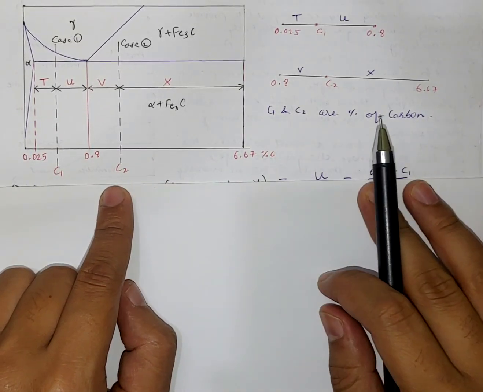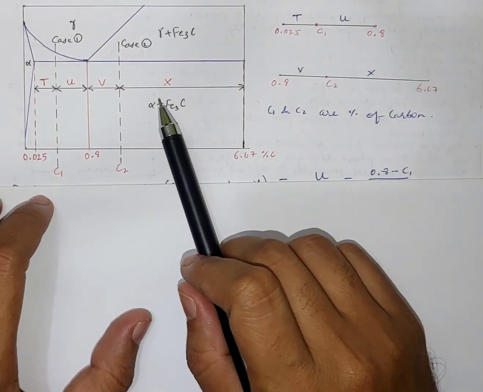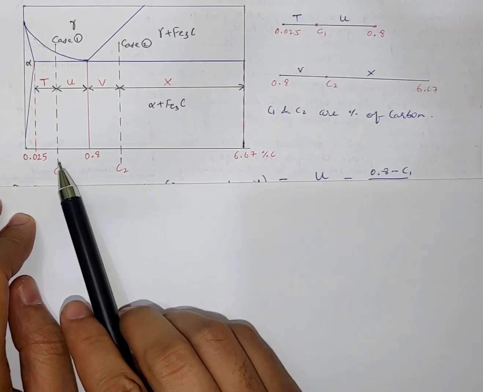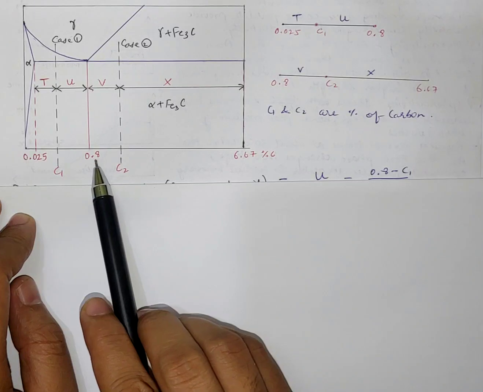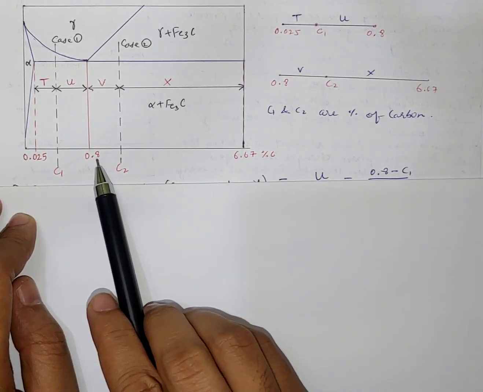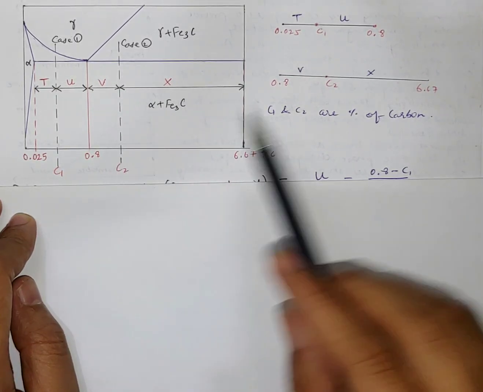Now the tie line we have to draw, it's a simple distance calculation. The T distance is between 0.025 and C1, the U distance is from C1 to 0.8, the V distance is from 0.8 to C2, and the X distance is from C2 to 6.67.